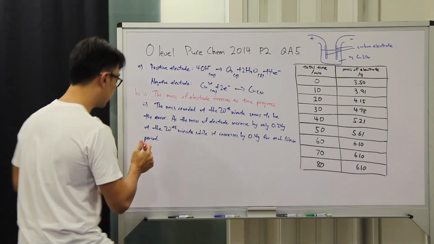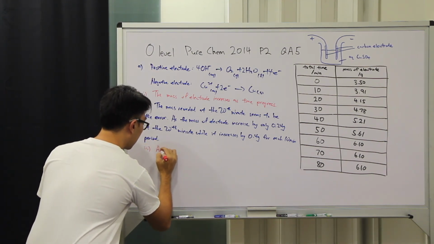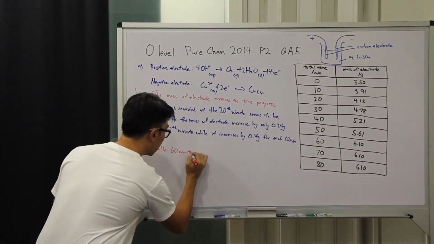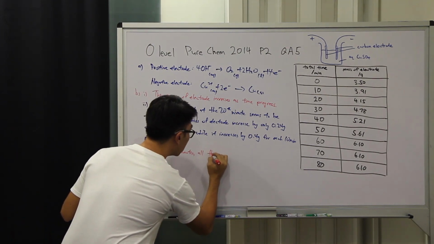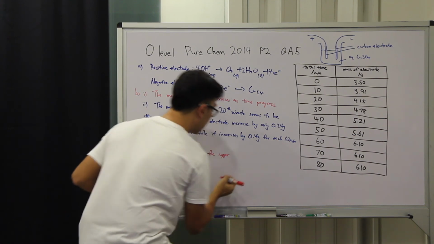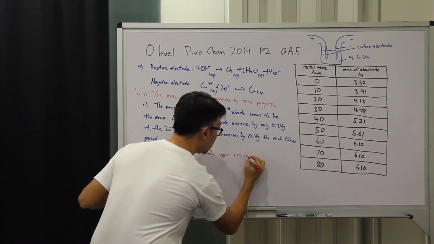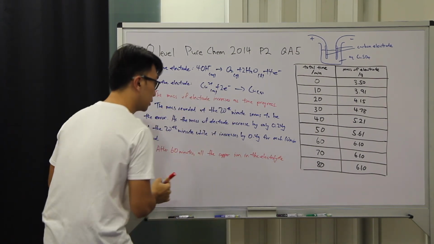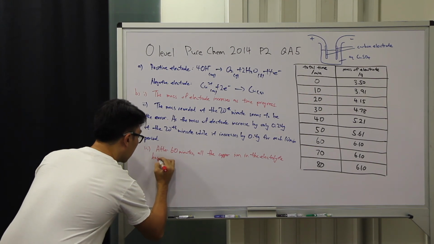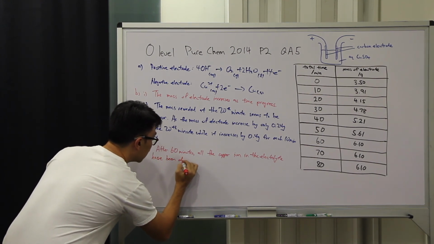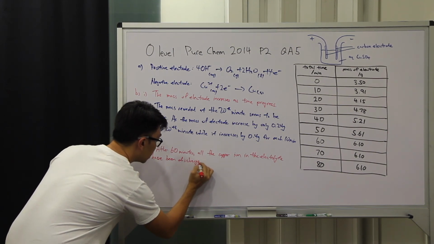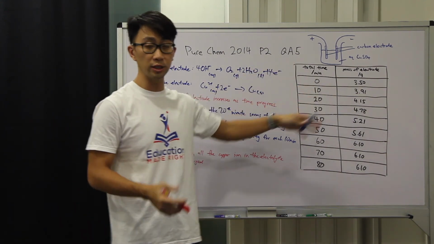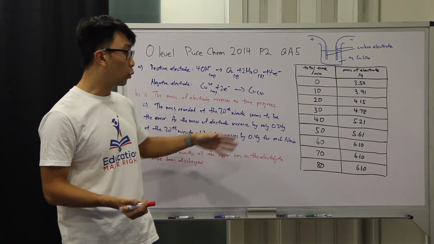This is so as after 60 minutes all the copper ions in the electrolyte have been discharged. If all the copper ions have already been discharged, there's no more, and so it wouldn't increase anymore.